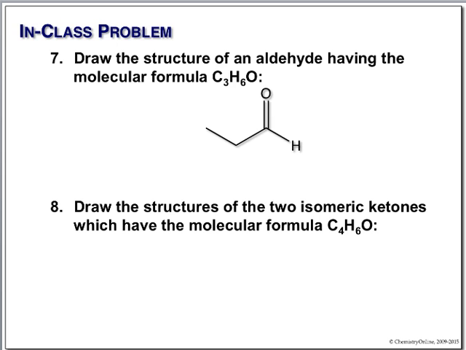And finally, we want 2 ketones that are C4H6O. Remember, a ketone is a carbonyl with a carbon on both sides. Let's start off with a carbonyl.